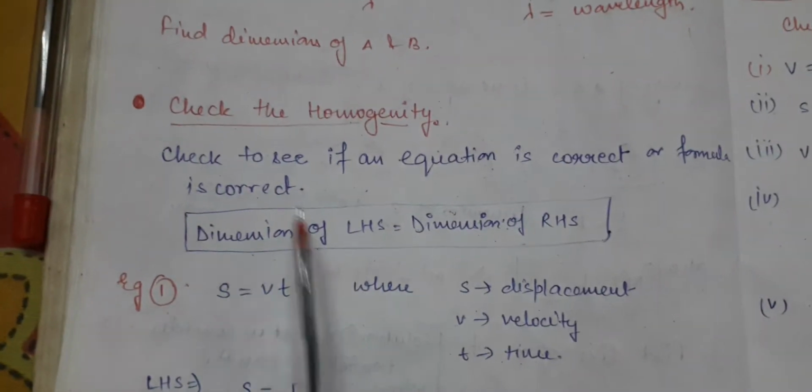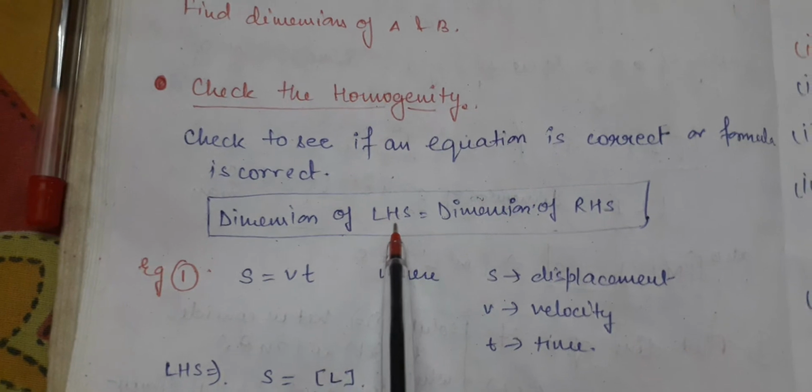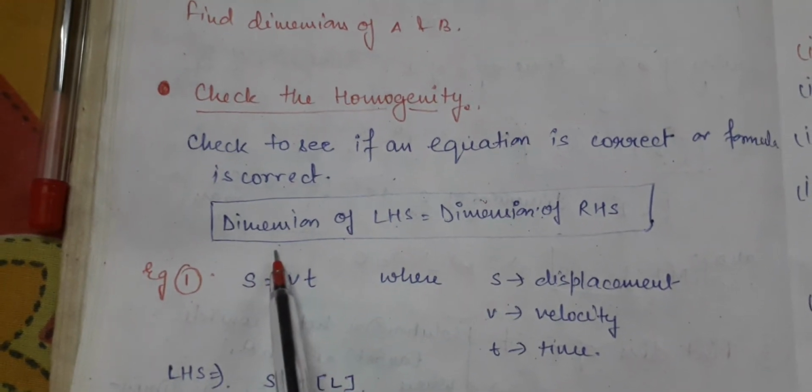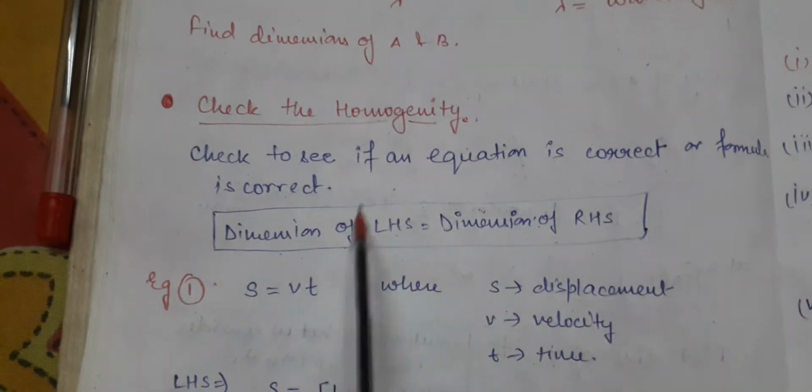The procedure to check the homogeneity is that the dimension of the LHS, whatever is given on the left hand side of the equation, must be equal to the dimension of the RHS. Simple. If this comes out, then the equation is correct.